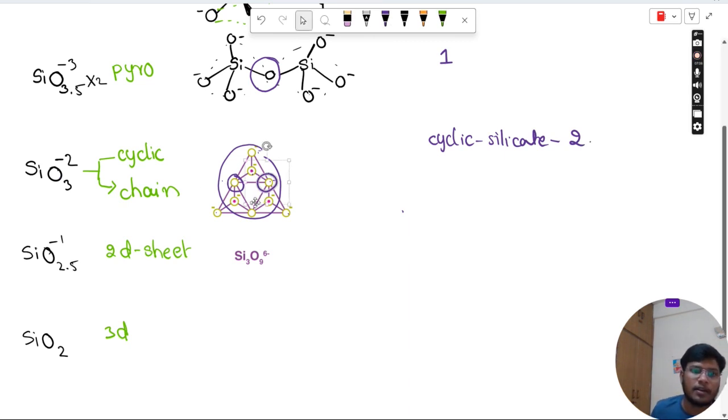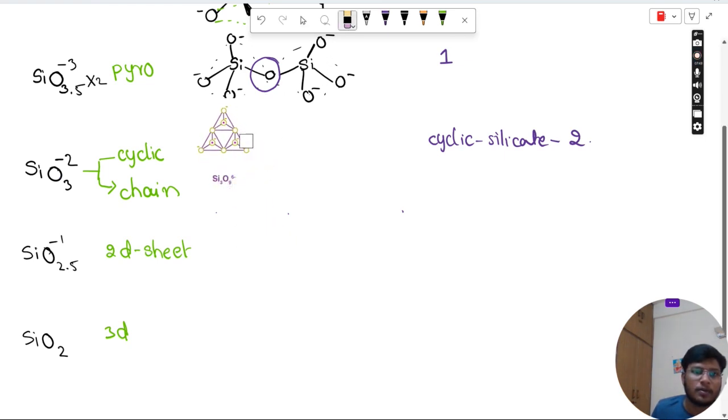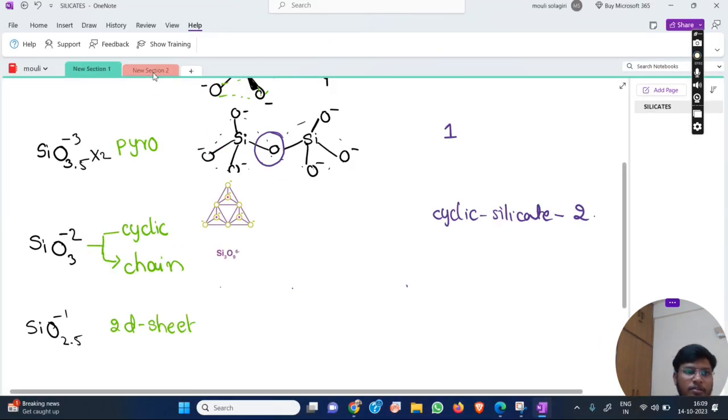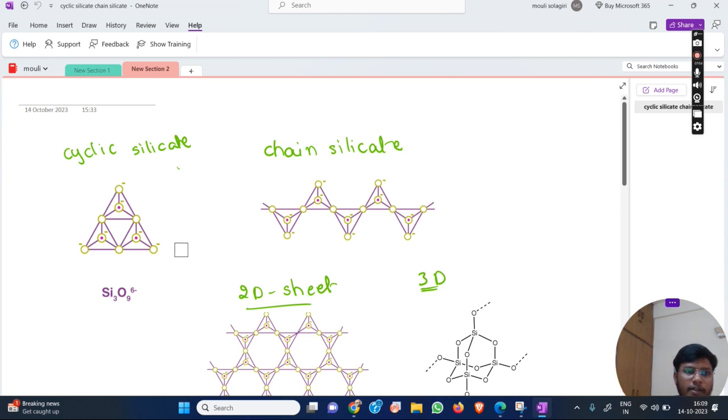Let's move this structure apart from here so that we can discuss the chain as well. And we have discussed this cyclic one.